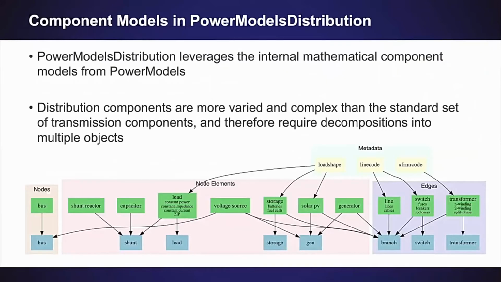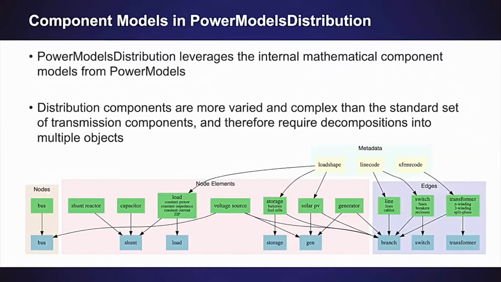In terms of data models for different components, PowerModels Distribution leverages the internal mathematical models of PowerModels for consistency, but distribution components are much more varied and complex than the standard set of transmission components, and therefore in many cases distribution components need to be decomposed into a series of more simple mathematical objects.